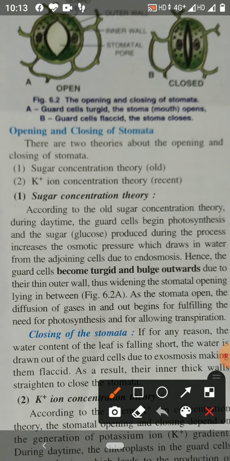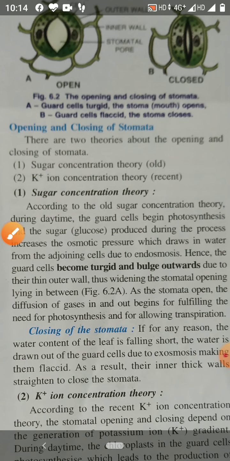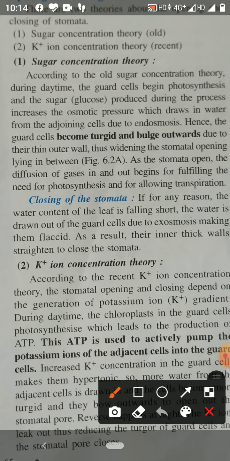Now, the second theory is the potassium ion concentration theory. You have to study opening and closing of stomata according to potassium ion concentration theory. According to this, generation of a potassium ion concentration gradient in the guard cells is responsible for opening of stomata.